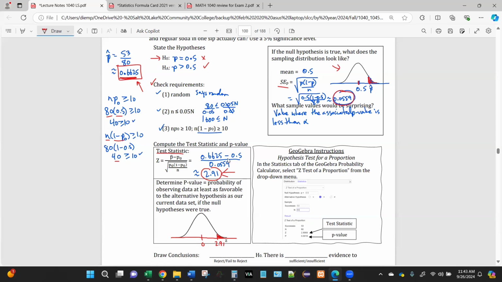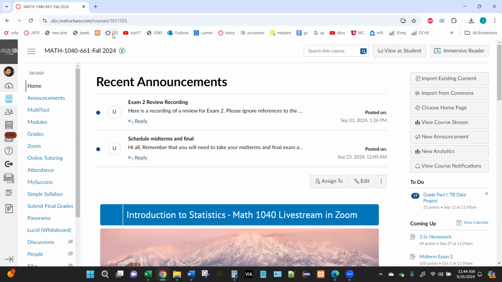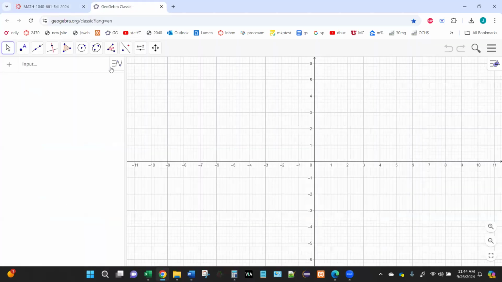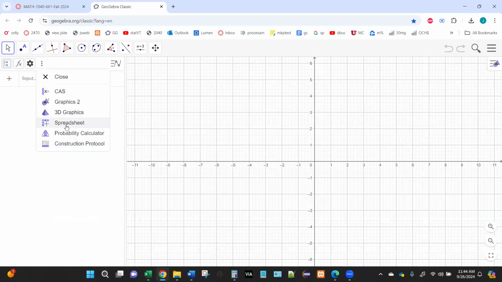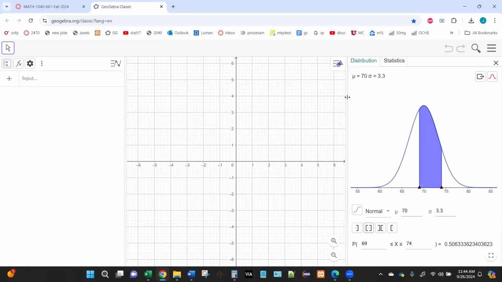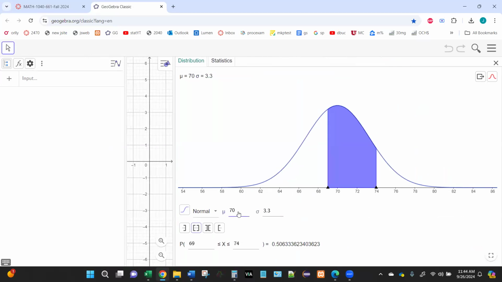Well, that's a question we've answered many, many times in chapter 3, right? We open up GeoGebra and we go to the standard normal. Okay, so if it's a z-score, we know that it's been standardized, right? And so 0 and 1, then we want to find what proportion of the distribution is above 2.91.